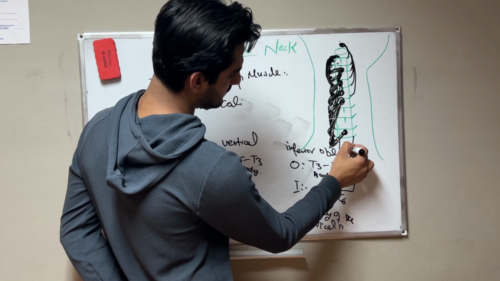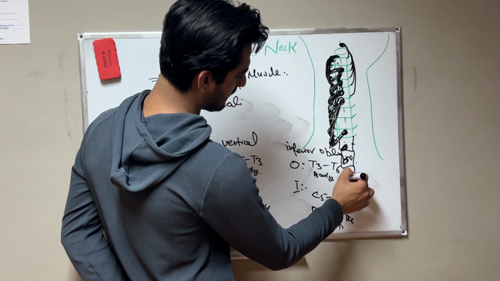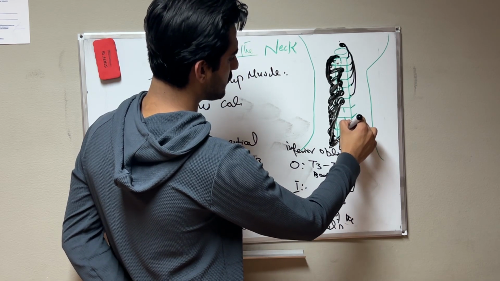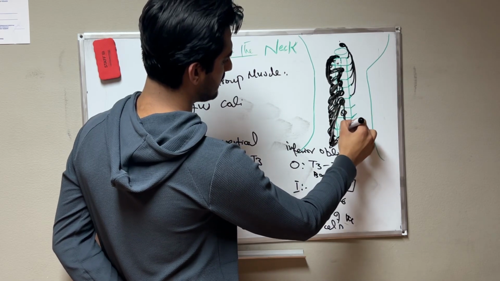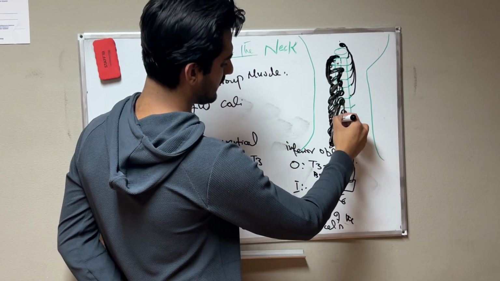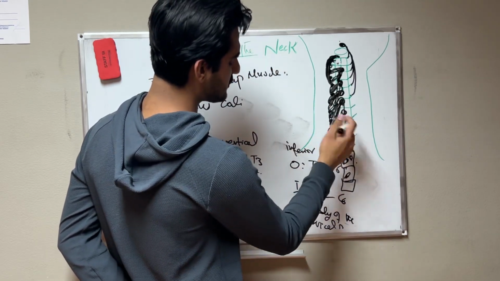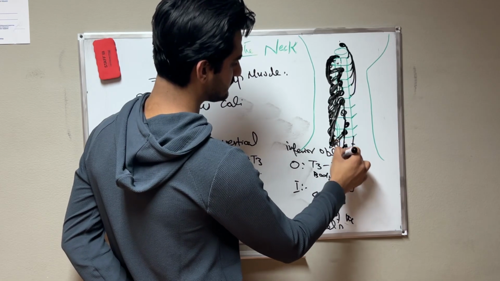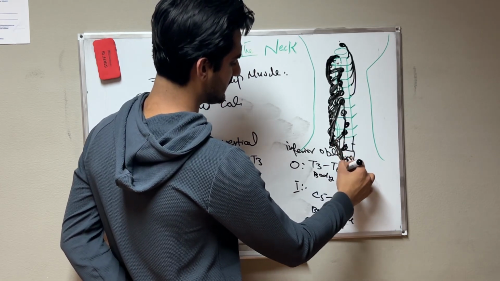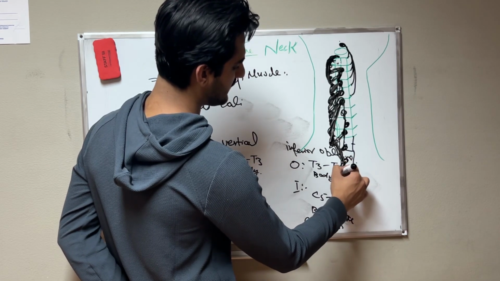And this origination is going from C5 to C6 and C7. Sometimes C5, 6, 7 in some tall people, but actually it's C6. These are these muscle. This is the inferior oblique muscle, in oblique form.